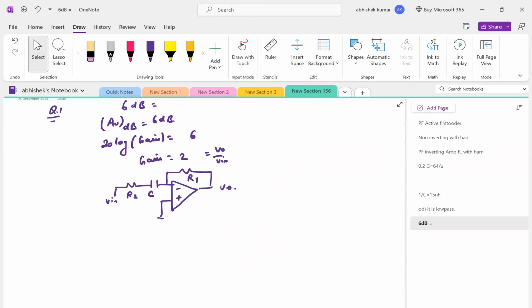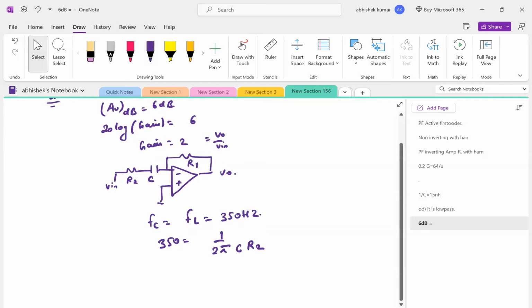Okay, and they have the cutoff frequency, right? Since it is high pass filter, it will be FL, that will be 350 hertz, right or wrong? And that 350 hertz will be equated to 1 by 2 pi C into R2. We have the C value, that is 15 nanofarad.